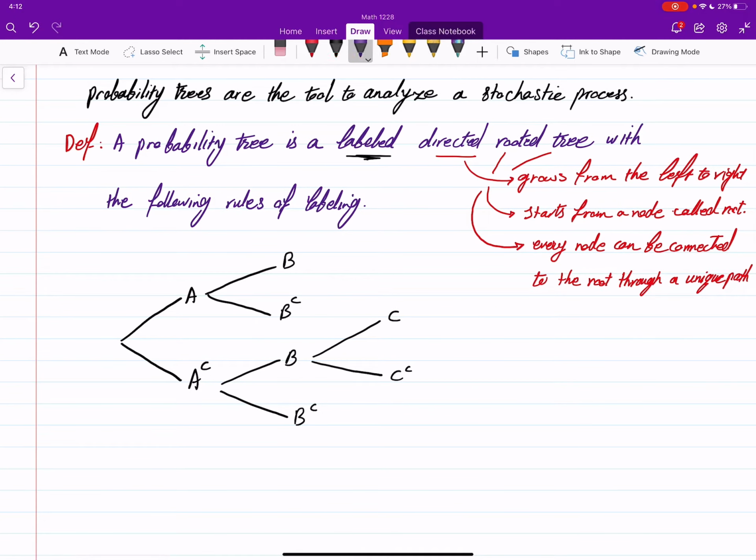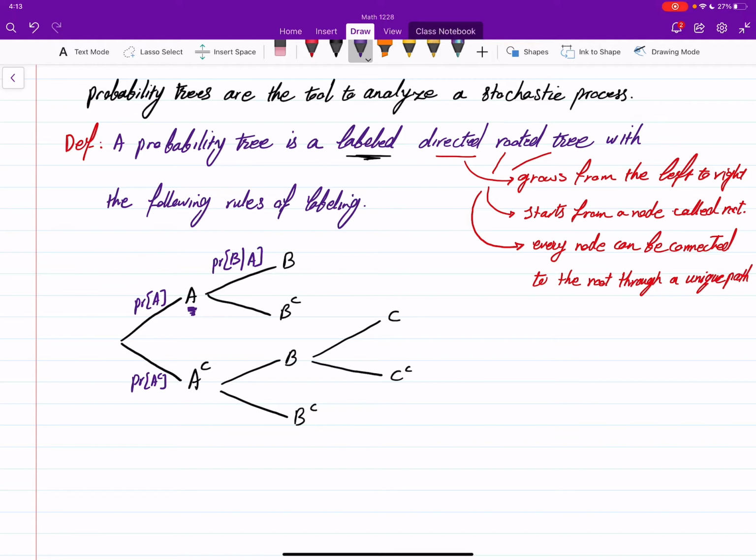So first of all, some sort of probability we will put on these edges. If it is on the first level, we just put the probability of the endpoint. On the other levels, I want to find the probability of the endpoint always, but since we are in the second level, we already see that A happened.